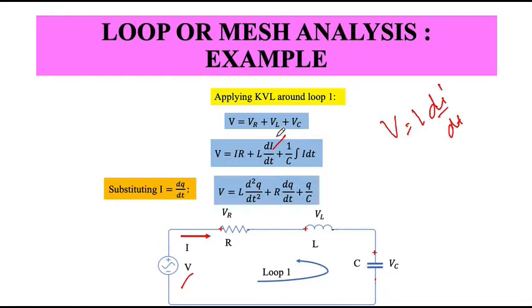So we will have L double differentiation of charge. If I put I is equal to dq by dt, it is R dq by dt, and in the capacitor term the dt cancels, differentiation and integration, so it will be simply q by C.